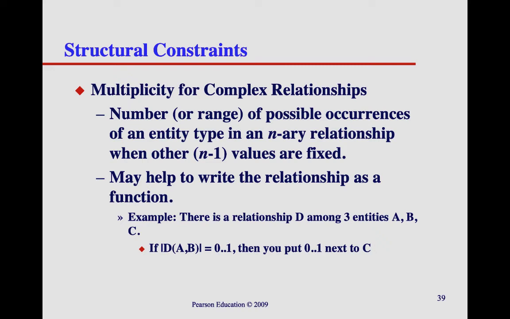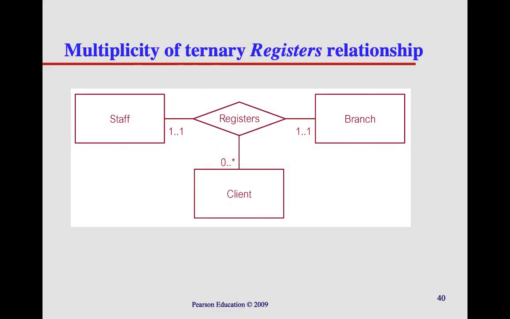Now, things get a little dicier when we are trying to show multiplicity for non-binary relationships. When we have degrees greater than 2, we still want to show our multiplicity, but it's a little harder.